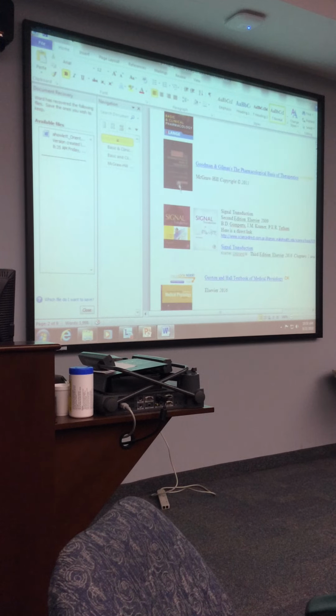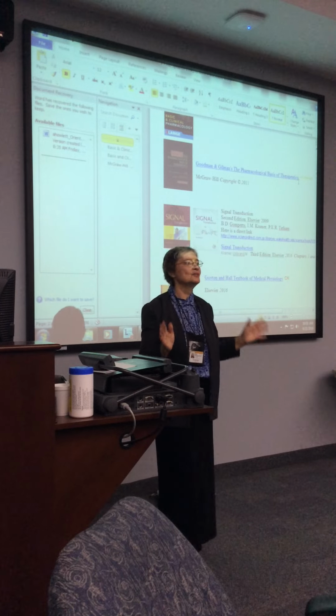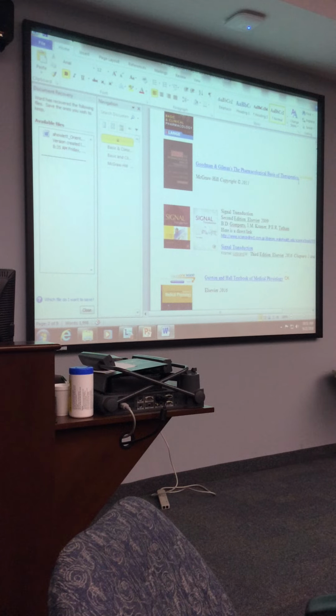Now, for those of you who are going to be going into this field as a profession, you might be more interested in reading through Goodman and Gilman's The Pharmacological Basis of Therapeutics. This is the Bible of pharmacology. This is what you see when you go into any clinician's desk, or a veterinarian or a pharmacist.